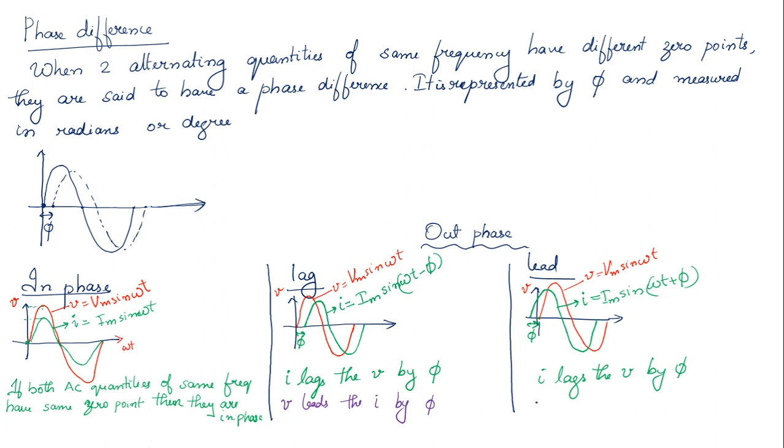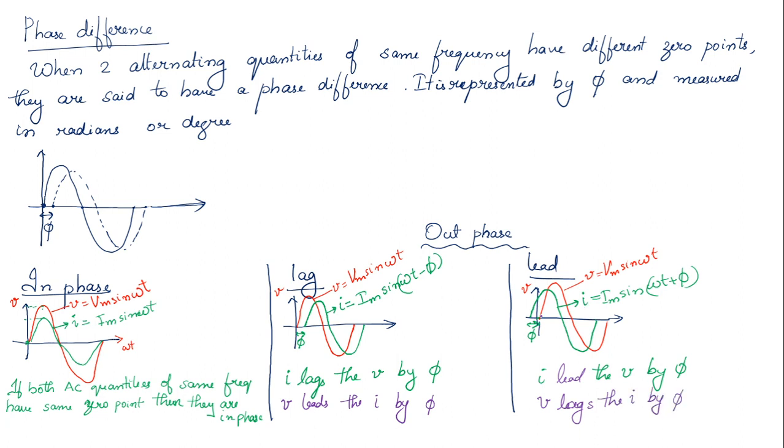Similarly, on this side also we can write: here I have written lag, it is actually lead. Current leads the voltage by 5 degrees. Okay, listen. So the voltage, how can I write here? Voltage lags the current by 5 degrees.